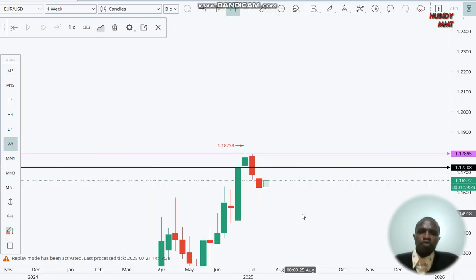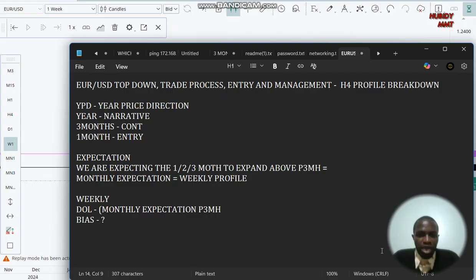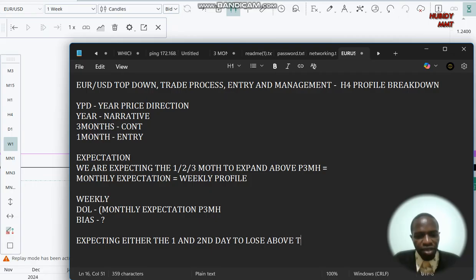For it to activate advanced bias, remember, we are trading advanced bias too, we are expecting the first day and the second day to close above the previous weekly high. Look at this: and, not or, the second day to close above the previous candle high.